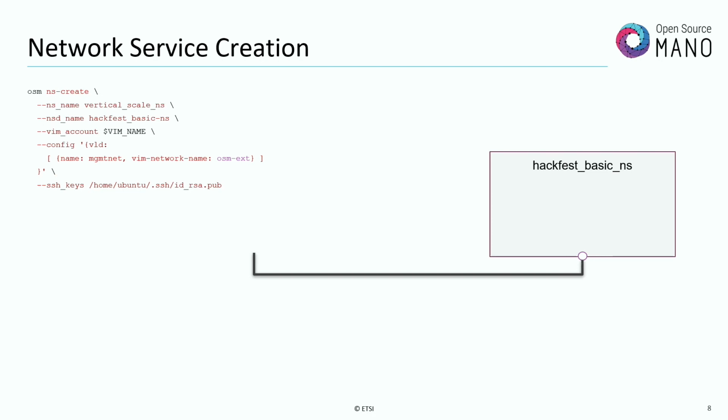I would have had to have loaded an NSD and, of course, a VNFD that the NSD references in order to use this. If I didn't load this package, OSM will come back and say, I don't know what you're talking about.